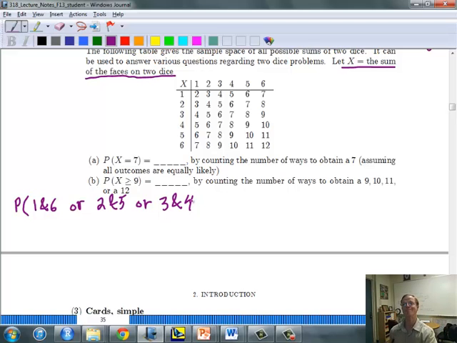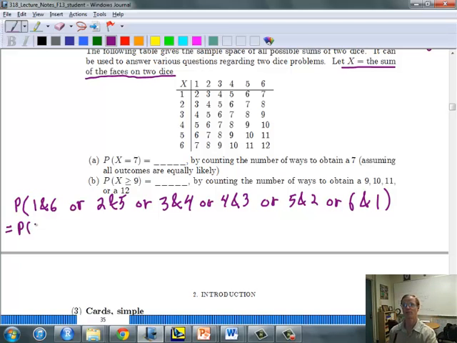That's going to cover it, but I could also get a 4 on my first roll, followed by a 3, or I could get a 5 on that first roll, followed by a 2, or I could get a 6 on the first roll, followed by the 1. These are all the ways that would give me a 7.